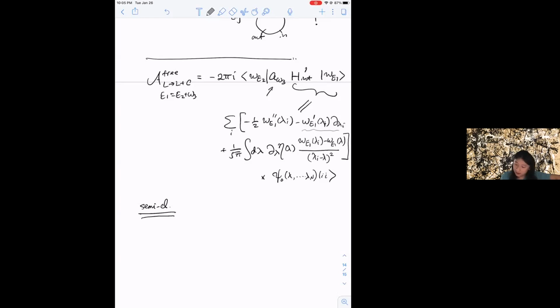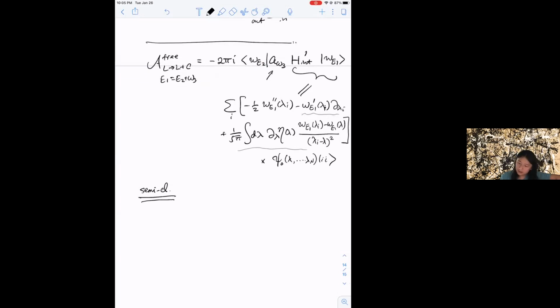So it's the second term and this last term that will contribute. The second term here, this W prime of lambda term, involves a derivative with that eigenvalue. And this gives rise to something that's proportional to the canonical momentum conjugate to the collective field.